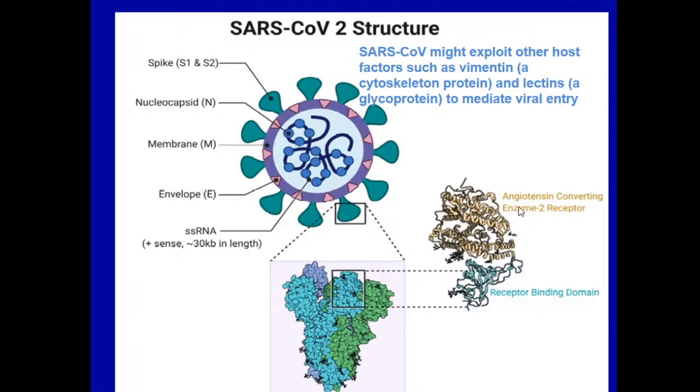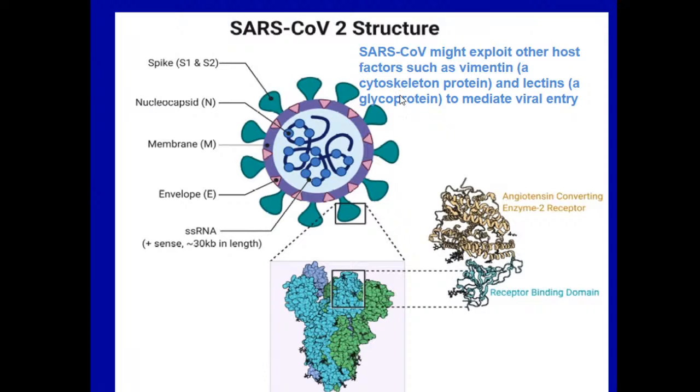And then this is the angiotensin converting enzyme 2 receptor that matches with the receptor binding domain. So that interaction is responsible for the narrow tissue tropism of this virus.